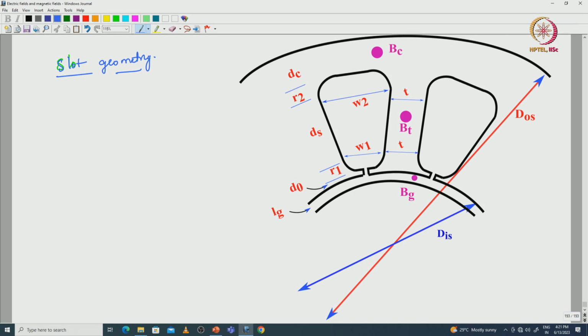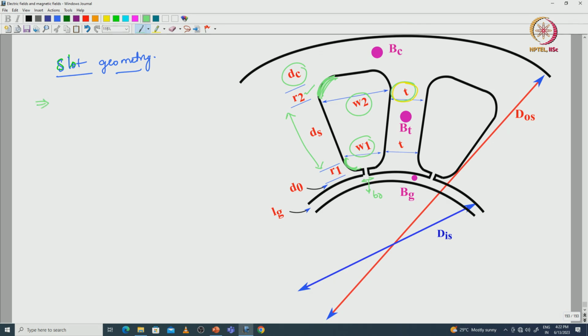We are considering a semi open type of slot, where the teeth width is small t, slot width at the bottom side will be W1, slot width at the top side will be W2, back iron length will be WC, radius of this portion will be R2, and this portion will be R1, the depth of the slot will be ds, and slot opening width is B0. And D0 is the slot opening height.